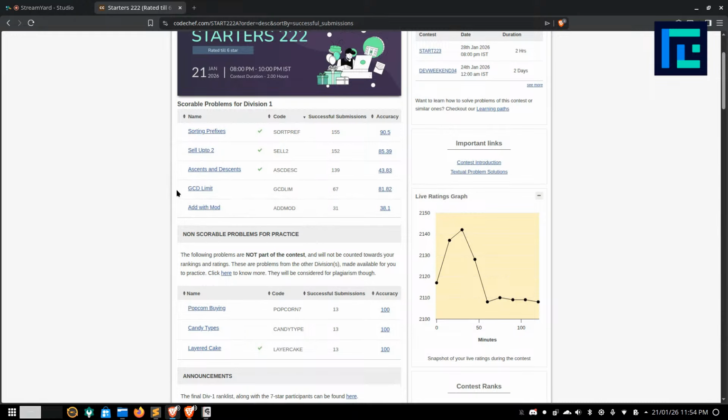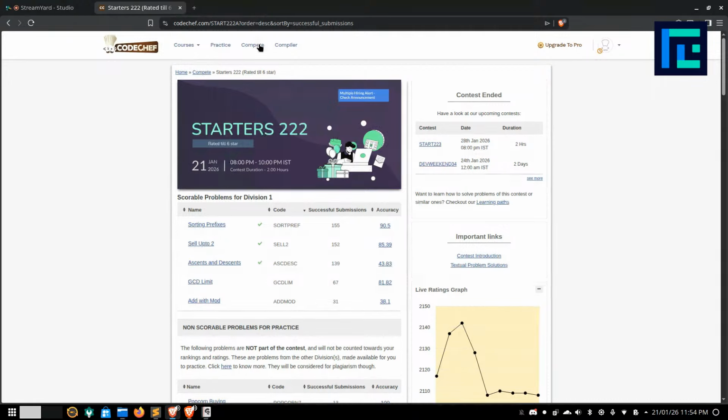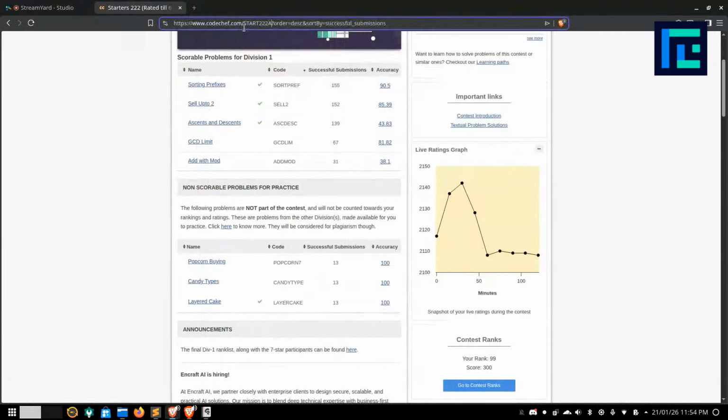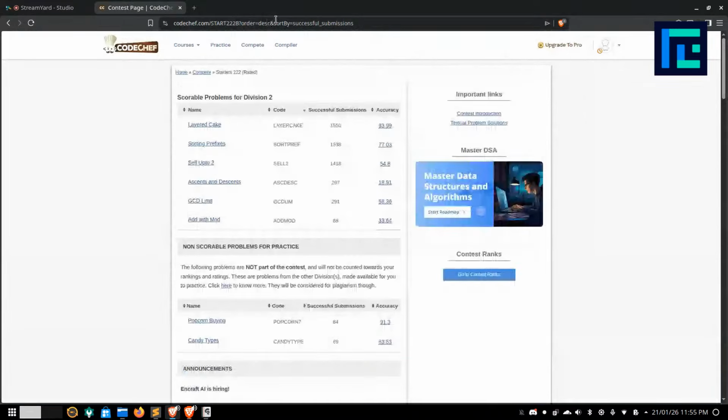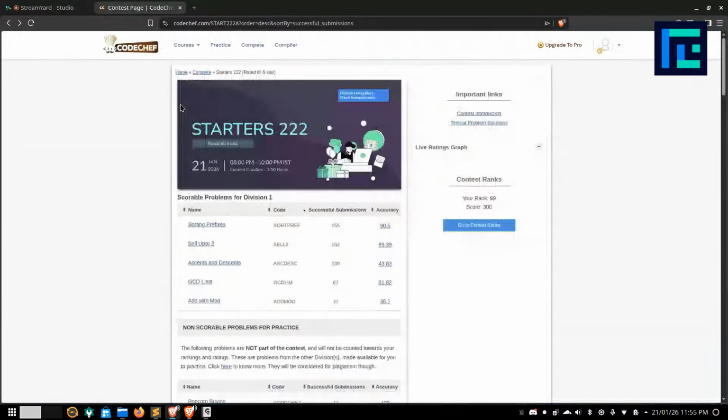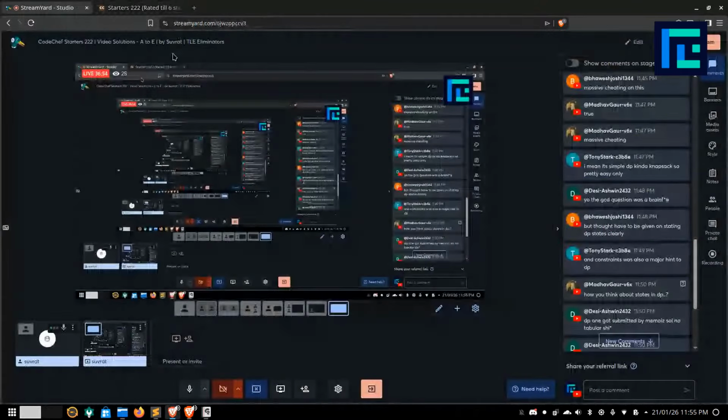And I also couldn't solve GCD Limit during the contest. So it might be possible that in Div 2 a lot of people solved GCD Limit. I can't comment on that because I don't have any proofs.